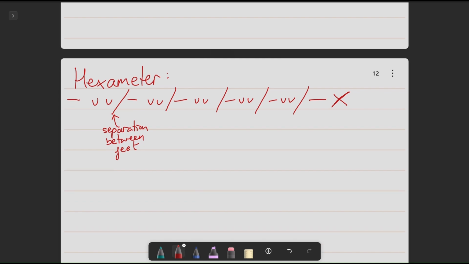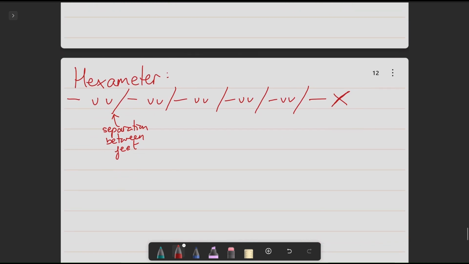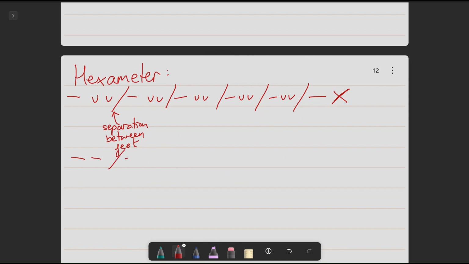You could also have it if you did it with spondees. It would be long, long, long, long, long, long, long, long, long, long, long, X. And of course, any of these can change. The penultimate foot is usually long, short, short. It can change, but usually long, short, short, so we'll keep it the same.